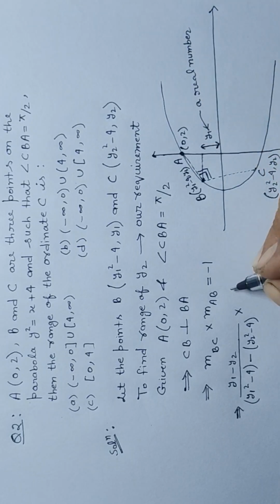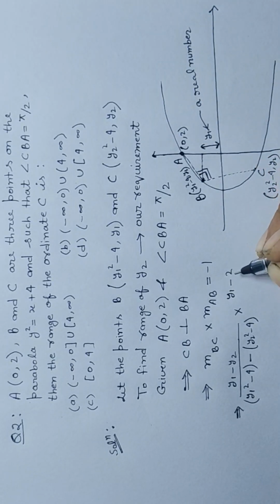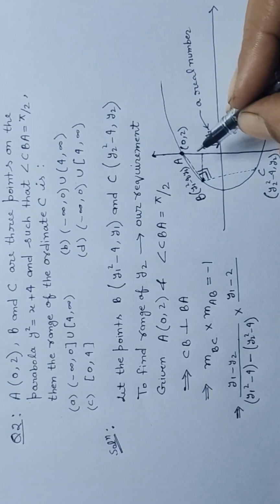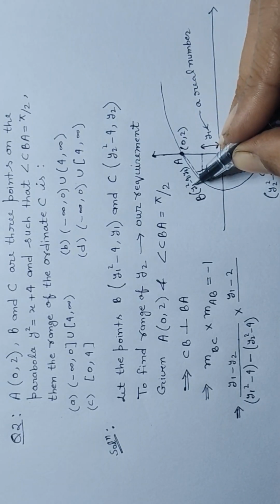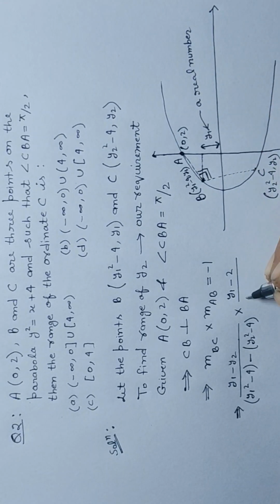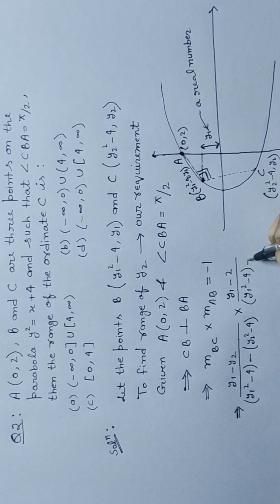multiplied by the slope of AB, y1 minus 2 divided by (y1 square minus 4) minus 0, and this equals -1.